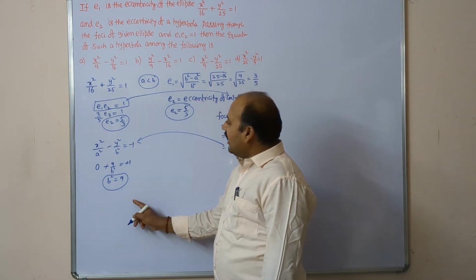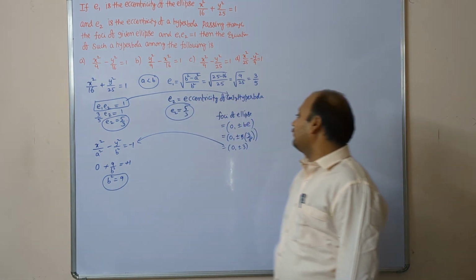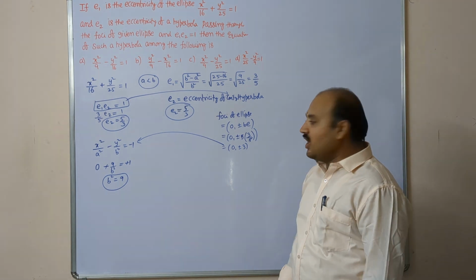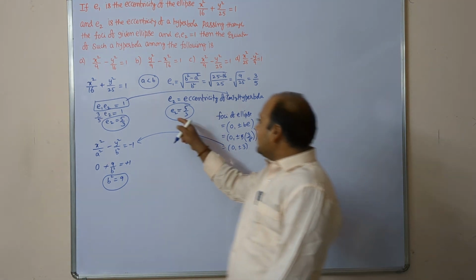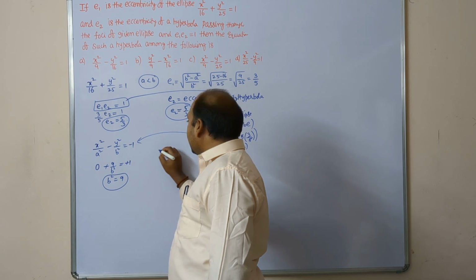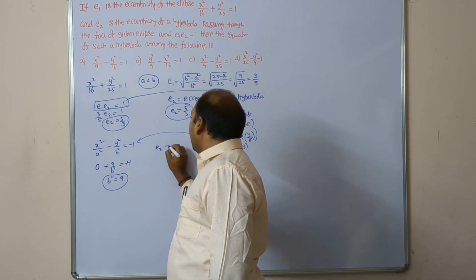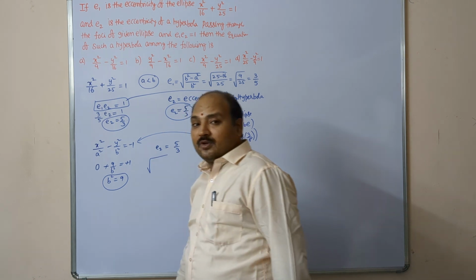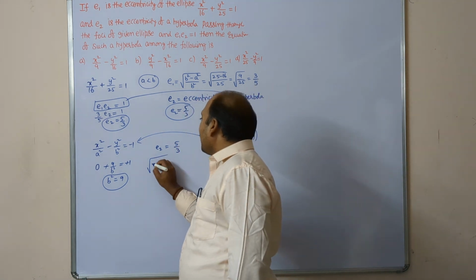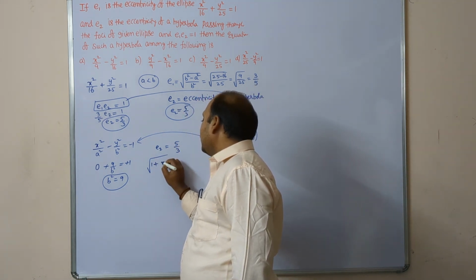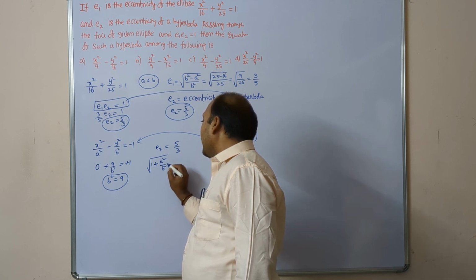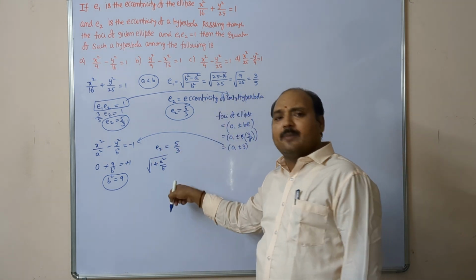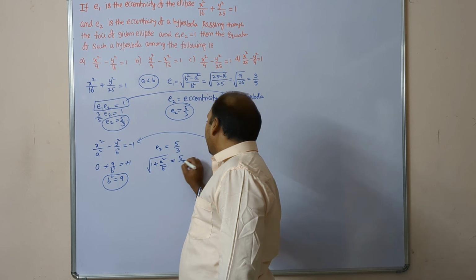Now substitute the b square value here. I want the eccentricity of the conjugate hyperbola; E2 is equal to 5 by 3. Square root of 1 plus a square by b square, otherwise b square plus a square by b square, is equal to 5 by 3.